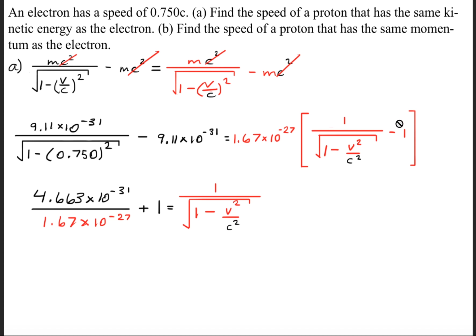I also added this 1 to this side of the equation so that I get this form right here. Then this all reduces down into the numerical value of 1.0002792, and we set that equal to 1 over this radical right here.